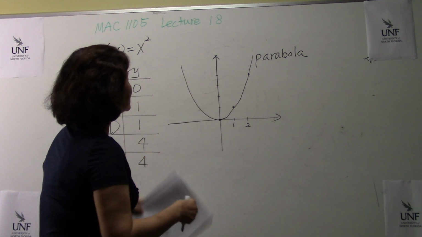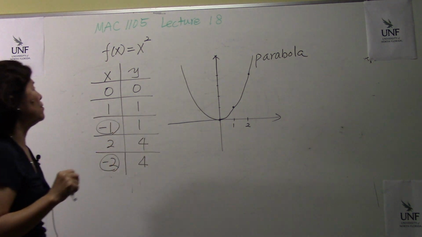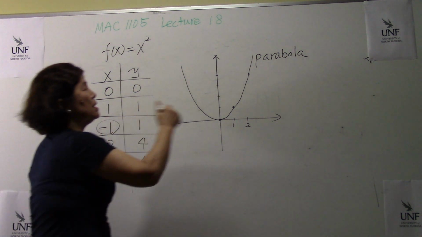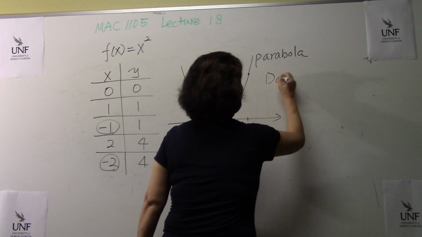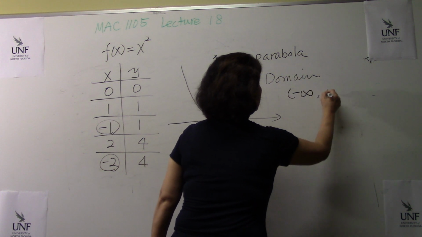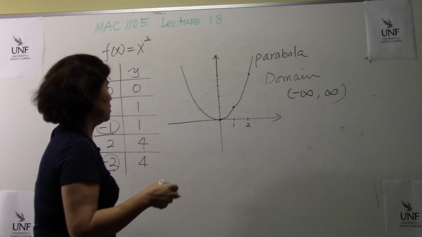So here we go. What is the domain? The domain is a collection of all x values. We can square every number, so the domain is not a problem. All the real numbers can be in this domain. What about the range?